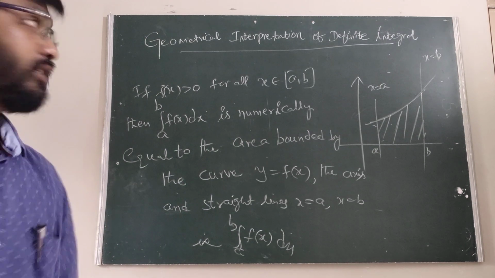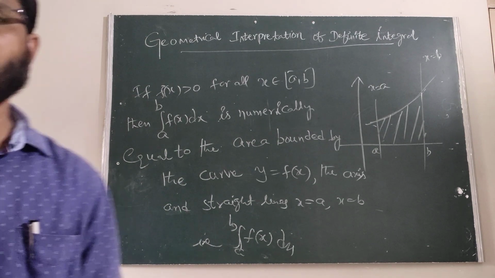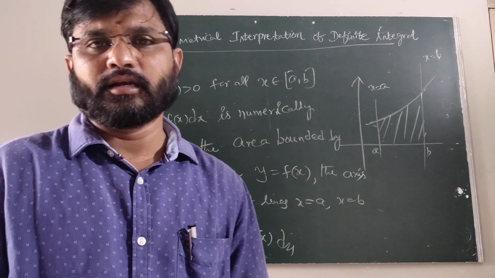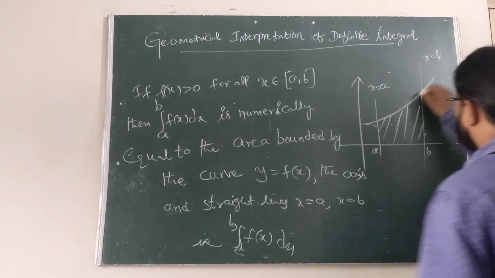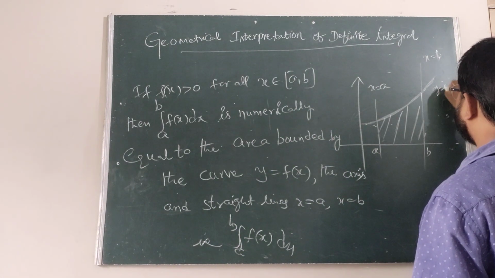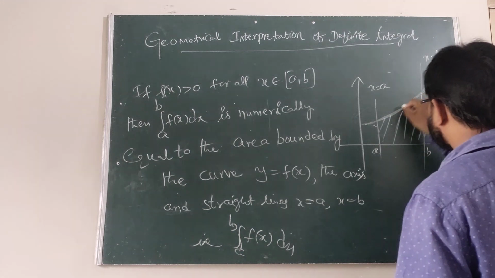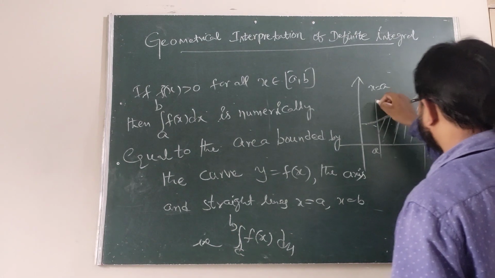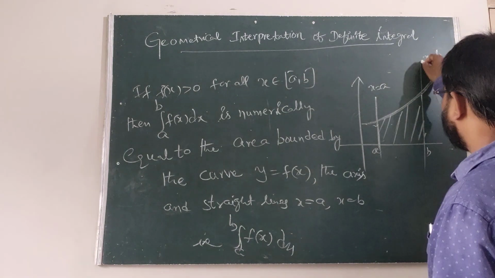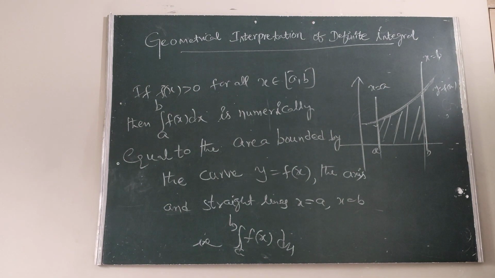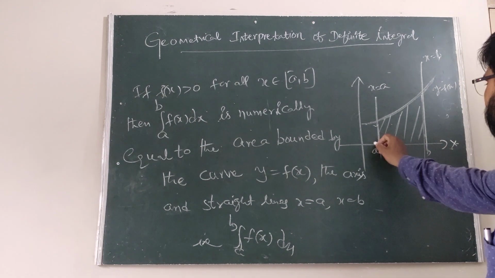So now the geometrical interpretation of the definite integral. Here we have to take the graph y equal to f of x. This graph is bounded by the straight lines x equal to a, which is one of the lines, and another line x equal to b, and here this is the x-axis.